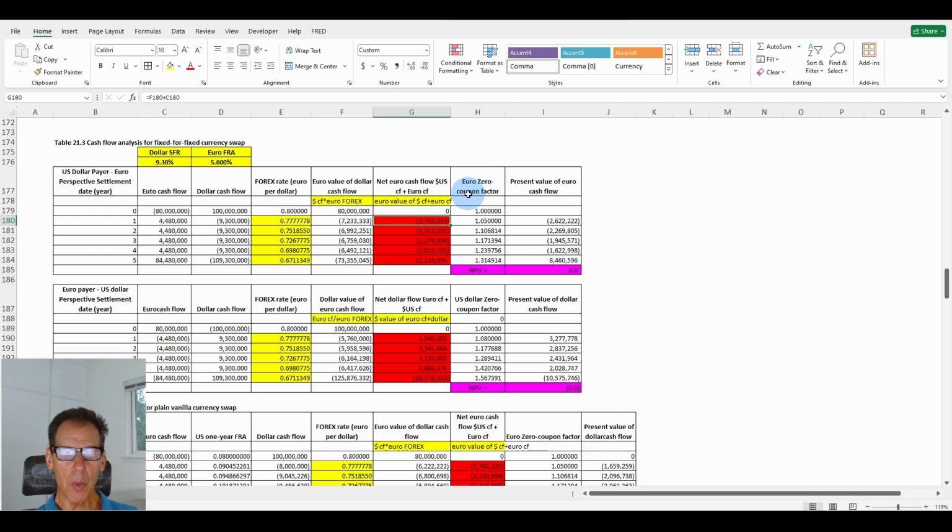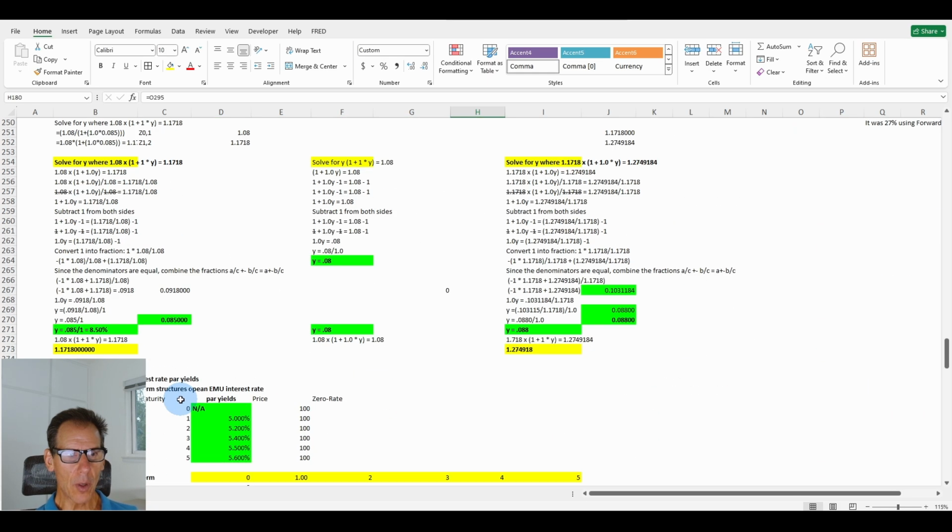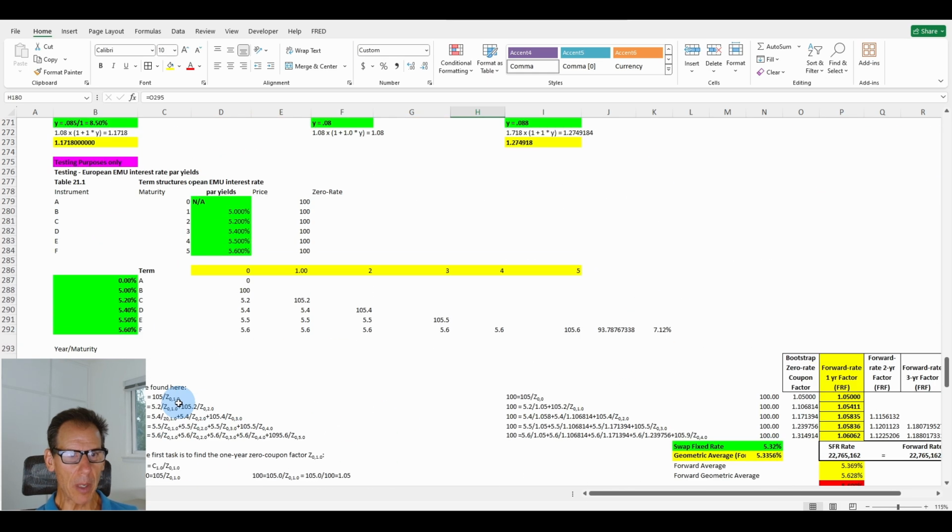Euro zero coupon factor, so here we have 1, and then 1.05, and we're going to go down and look at this number right here.